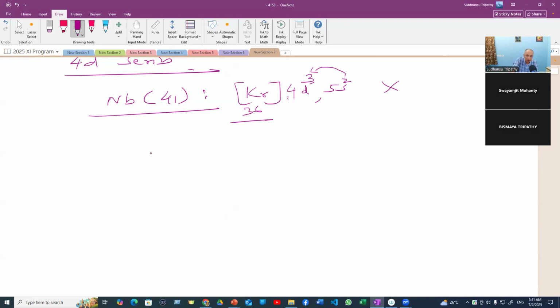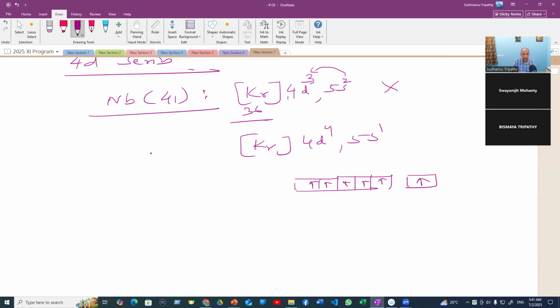So this will be wrong. So this will be 4d4 5s1. And here you find there are 5 unpaired electrons, which have been corroborated by experimental study. 5s1 4d4 is the correct one. One electron exchange happens.